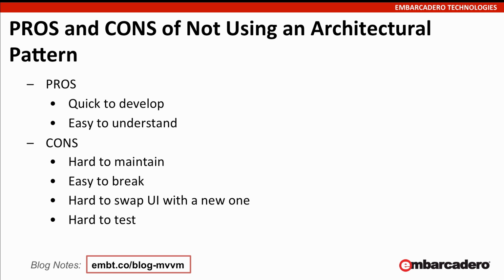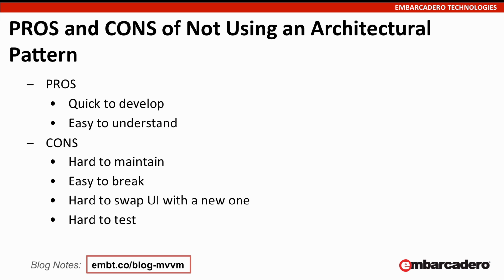It's easy to understand, as it is a typical approach to developing applications. However, as the application grows in complexity, it becomes harder to maintain and more brittle. Changing some aspect of the presentation logic will impact changes on the domain logic, for example.